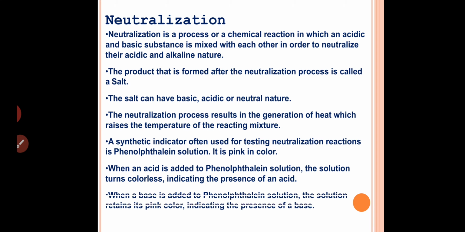Now, when a base is added to phenolphthalein solution, the solution retains its pink color, indicating the presence of a base. So the pink color is the phenolphthalein indicator. When it mixes with acid, it turns colorless, and when it mixes with a base, it remains as it is.